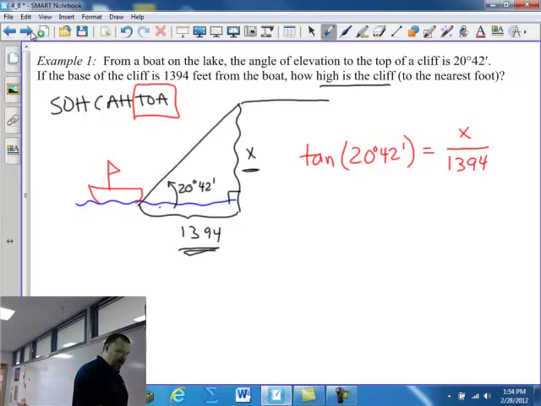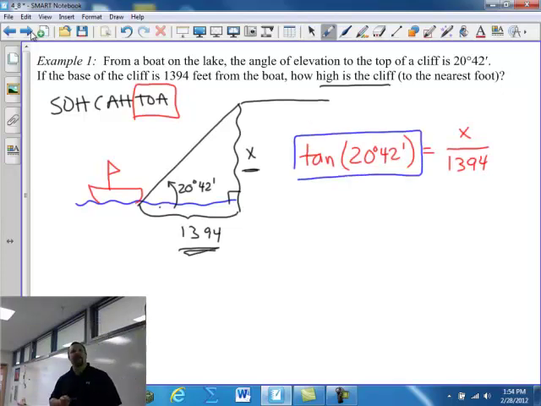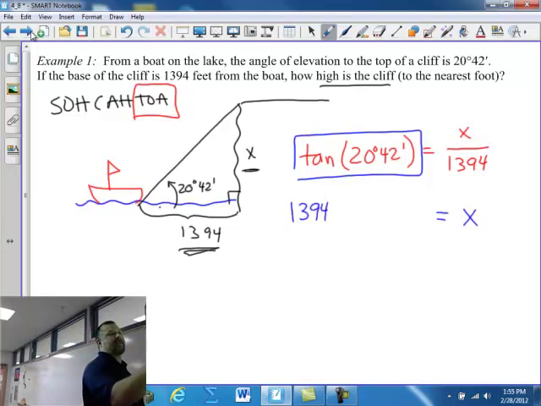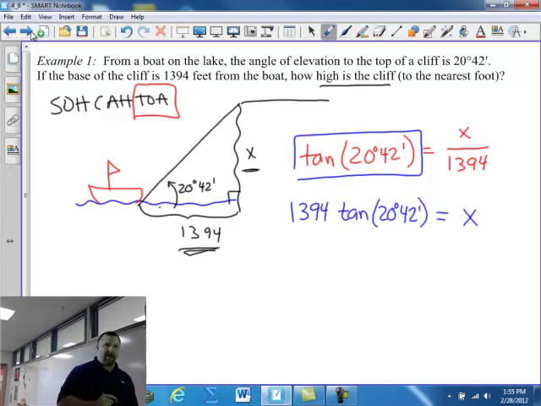How do I solve for x? Multiply both sides by 1,394, which leaves x equal to 1,394 times the tangent of 20 degrees, 42 minutes. Type it all into the calculator and you get 526.749.